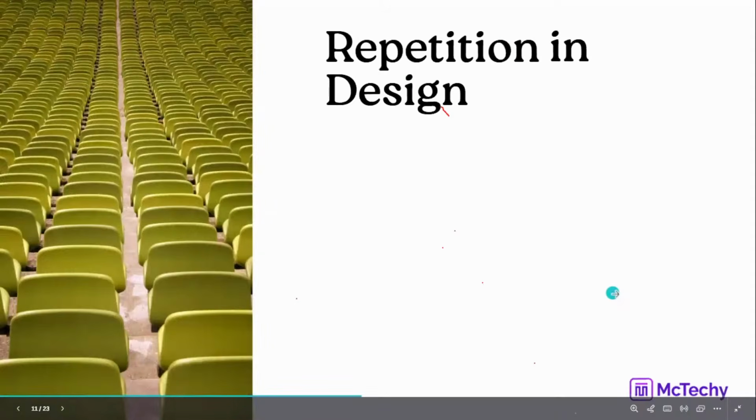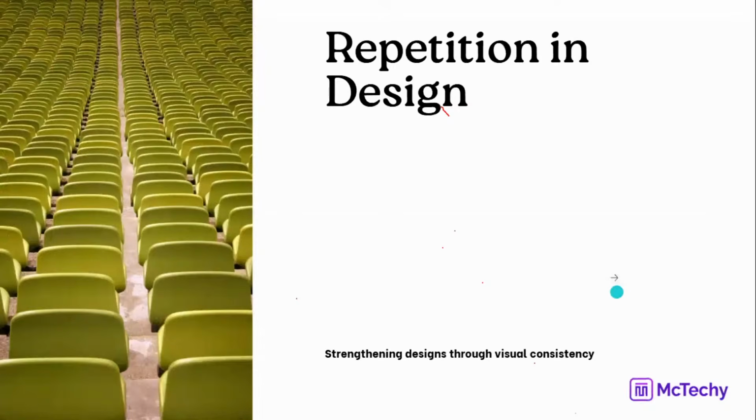So repetition in design strengthens the design, let's say the design thought of consistency. I told you about the way we arranged everything to be in the center. And then a better example is color. Repetition in design, color.